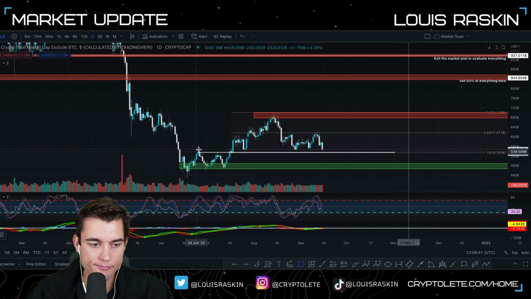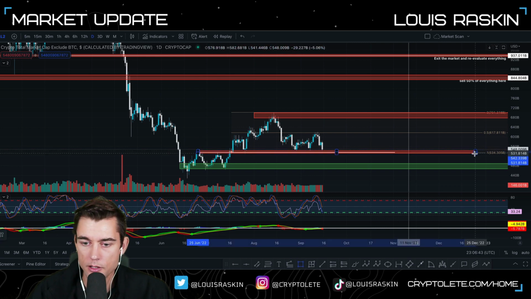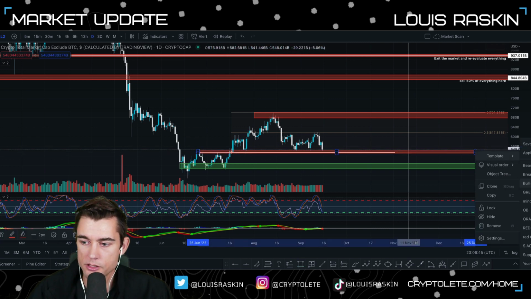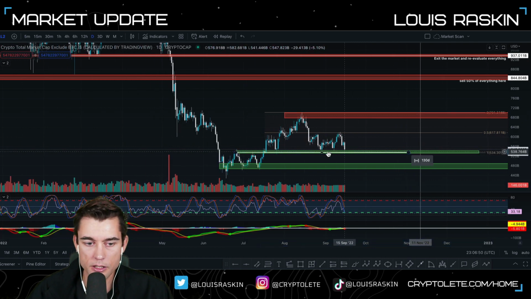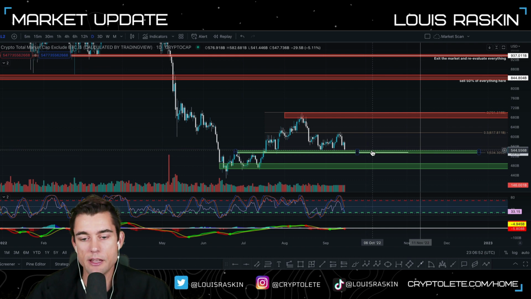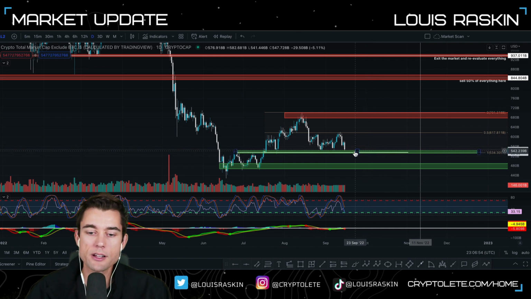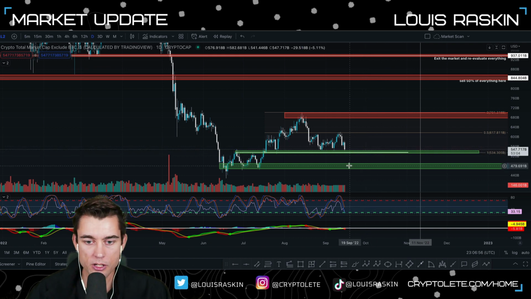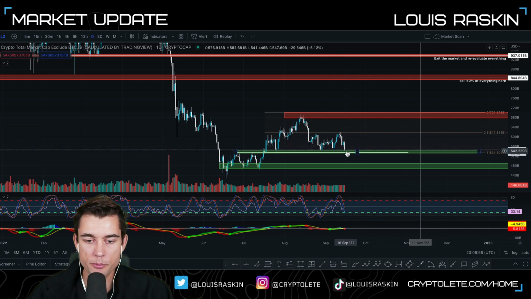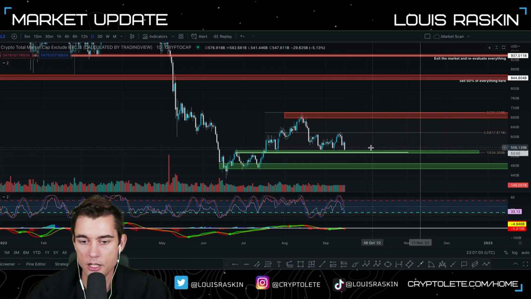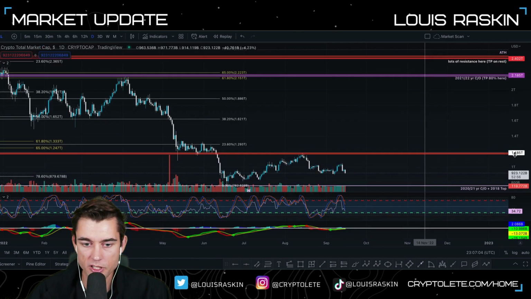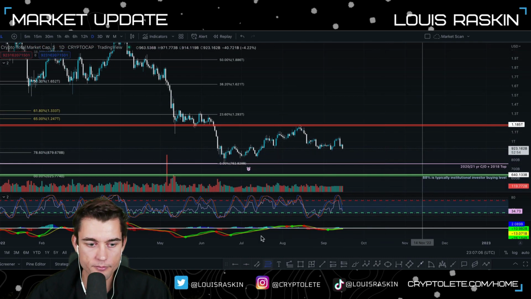This definitely could be considered a support area for sure, now that I see this. So maybe we actually will get a bounce fairly soon, because on the daily time frame today we're pretty low at the support range, looking at the total market cap.